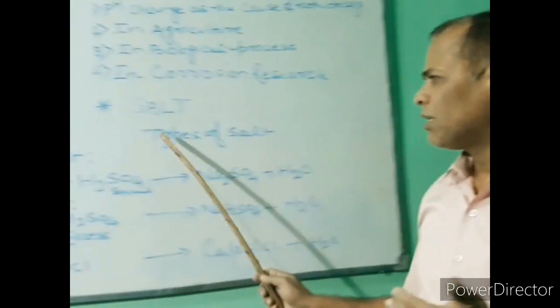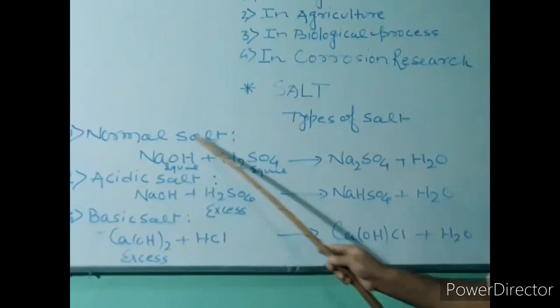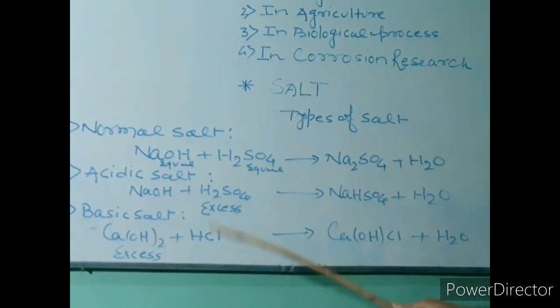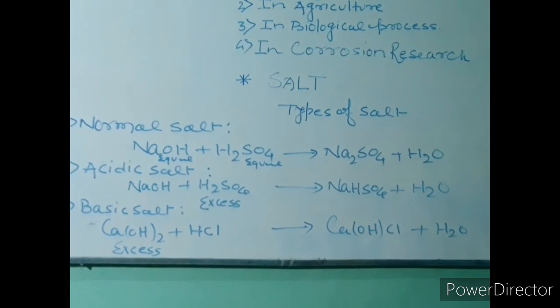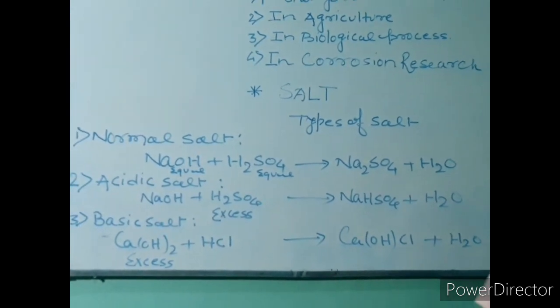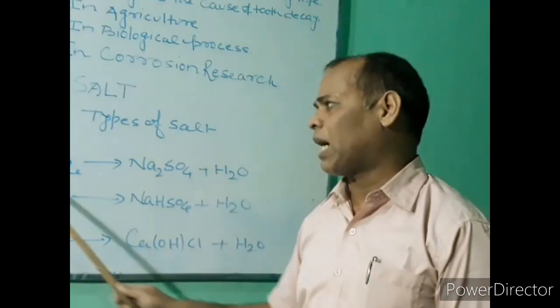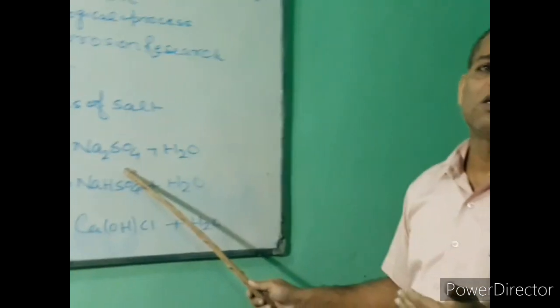Now we have different types of salt. What is a normal salt? Salt formed by complete replacement of H plus ion and OH minus ion is called normal salt.